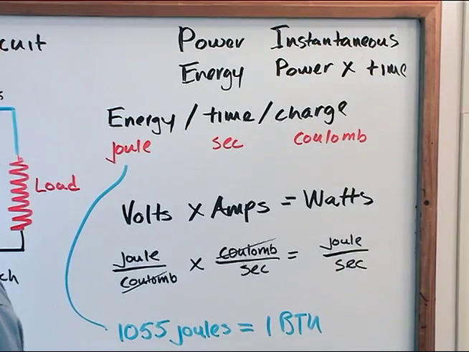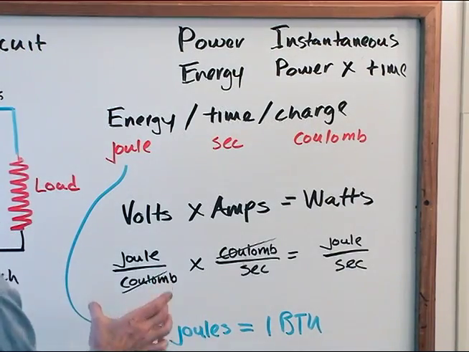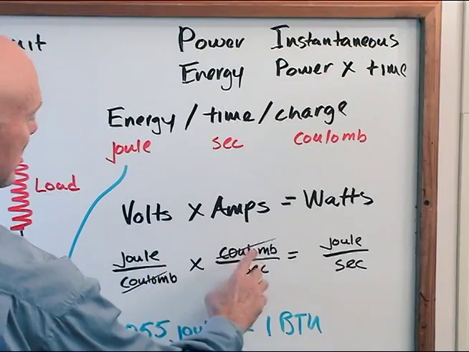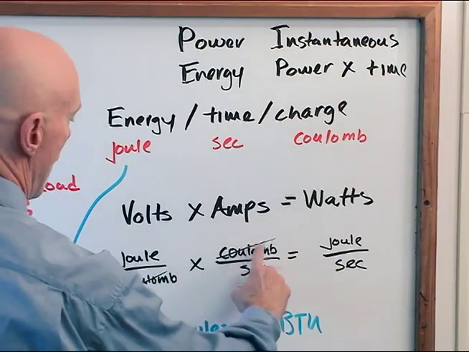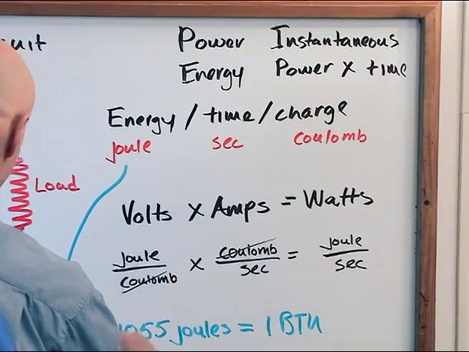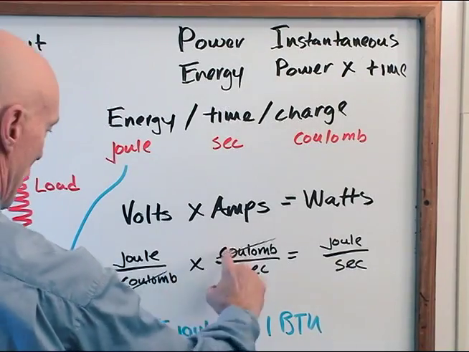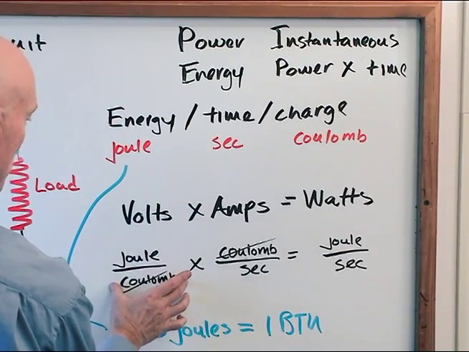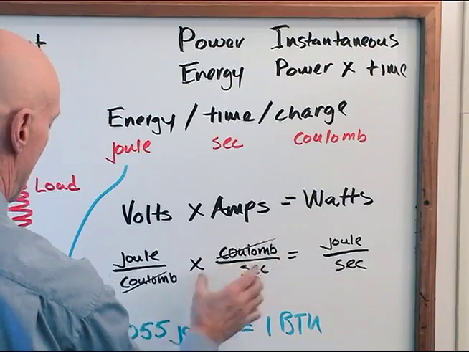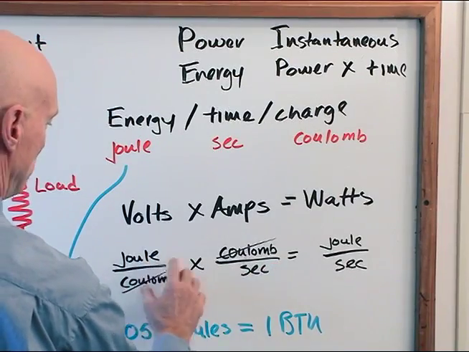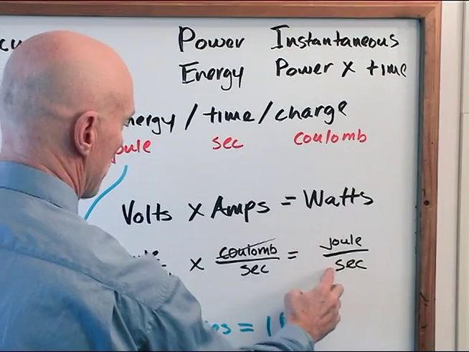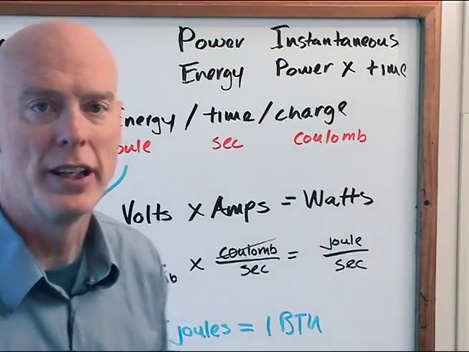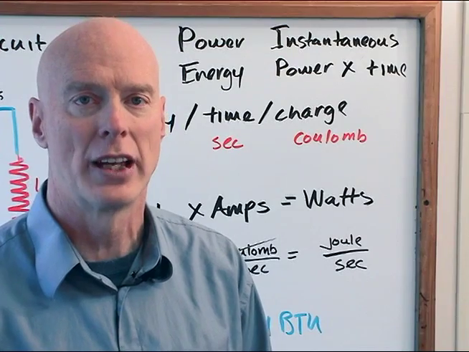So we know that if we have our units in a fraction like this, and we have a coulomb on the top and a coulomb on the bottom, we can cross out the coulombs if we're going to multiply these together. Volts is equal to joules per coulomb, amps is coulombs per second. What does that equal? It equals a joule per second, and that's exactly what a watt is. A watt is a joule per second.